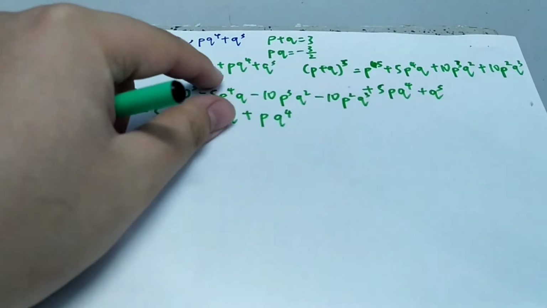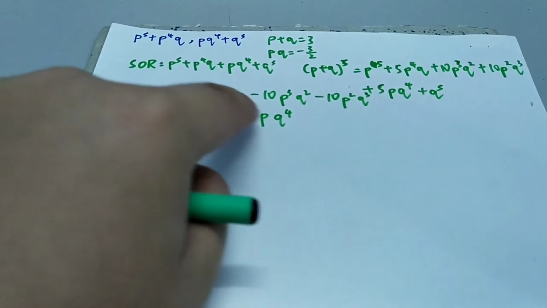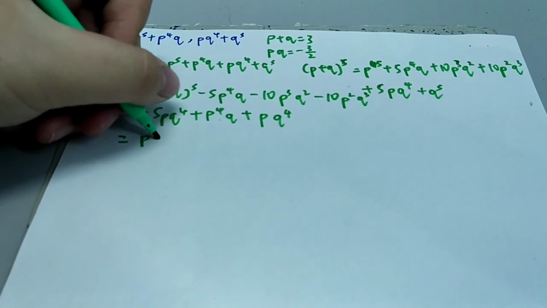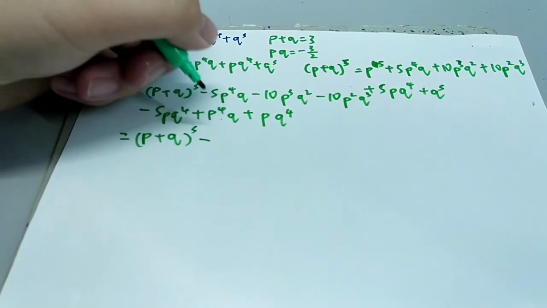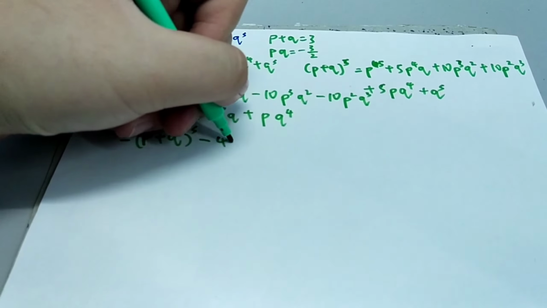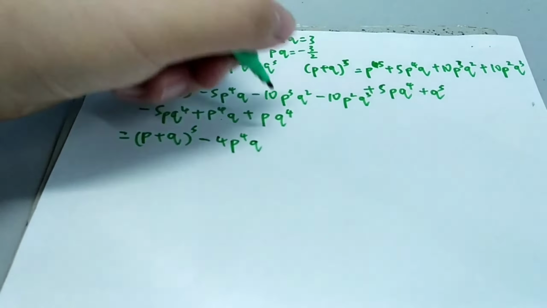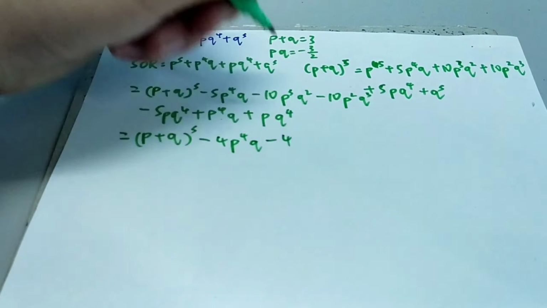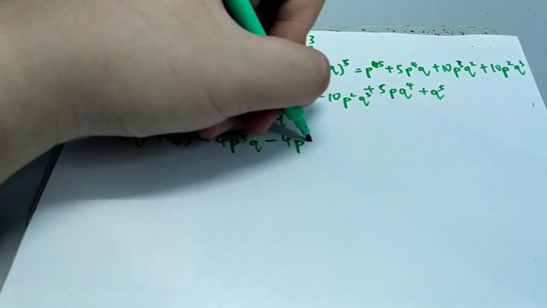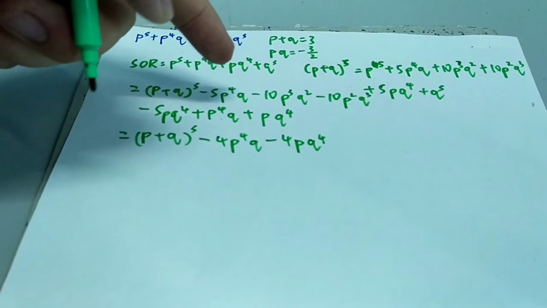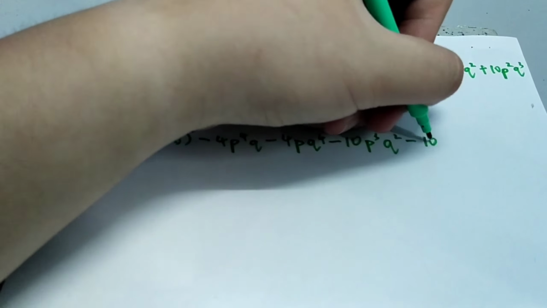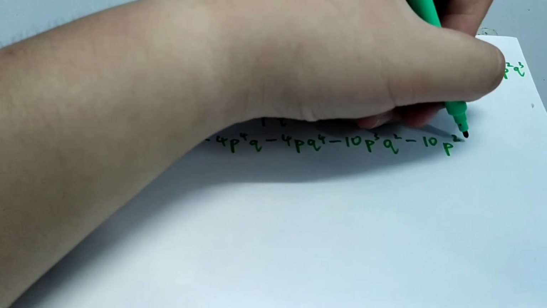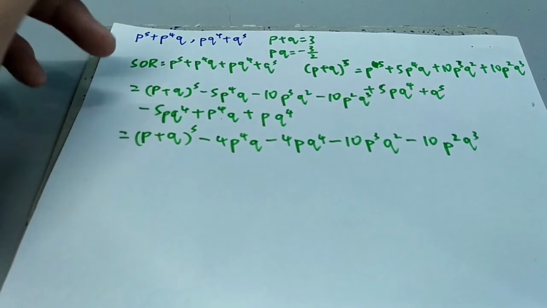So we just combine these two terms, and then combine these two terms, which is equal to (p + q)^5 minus 4p^4 q minus 4p q^4, and then minus 10p^3 q^2 minus 10p^2 q^3.